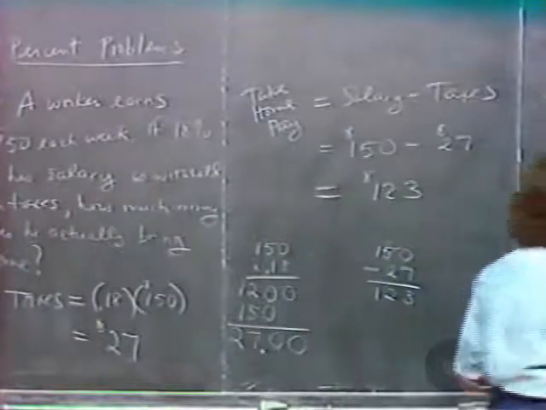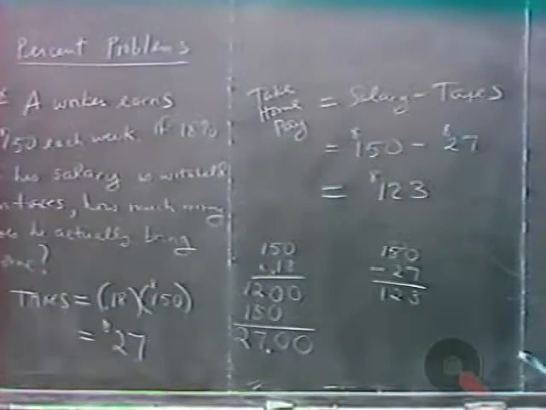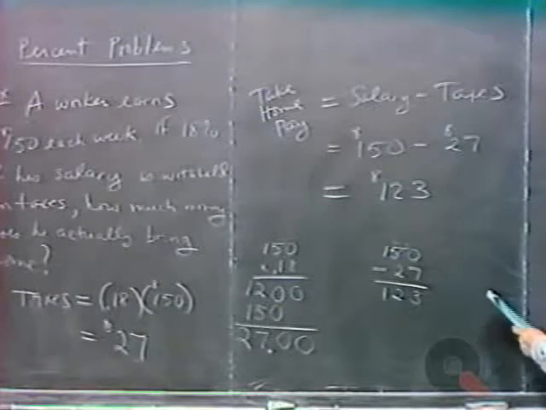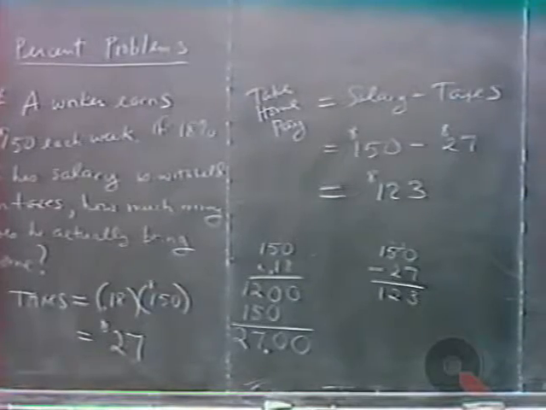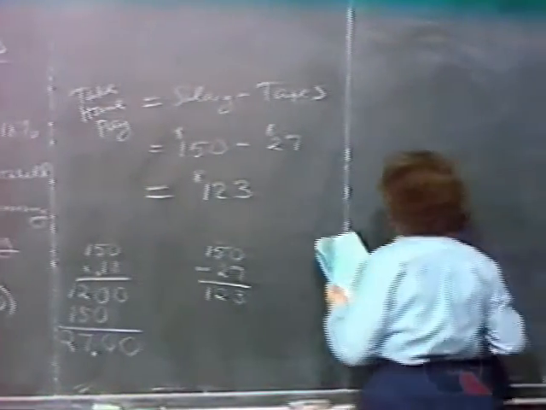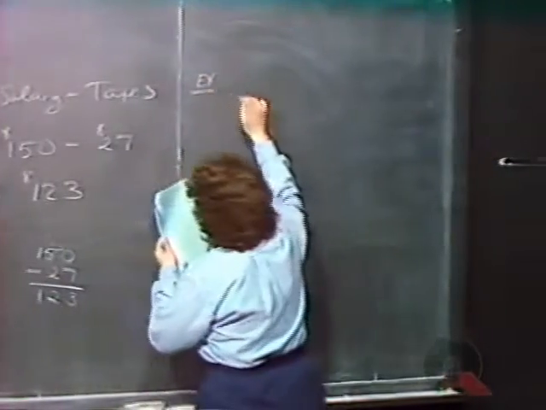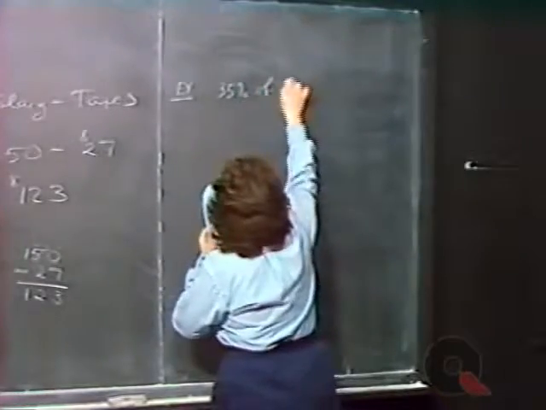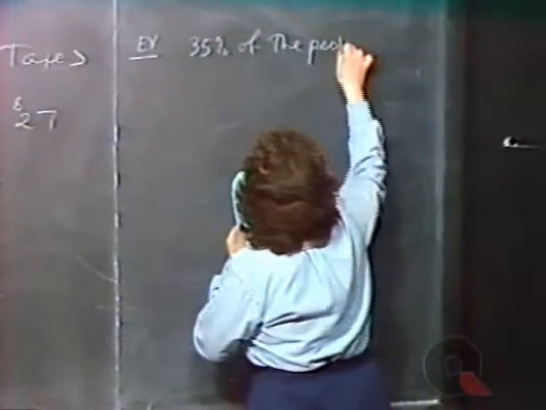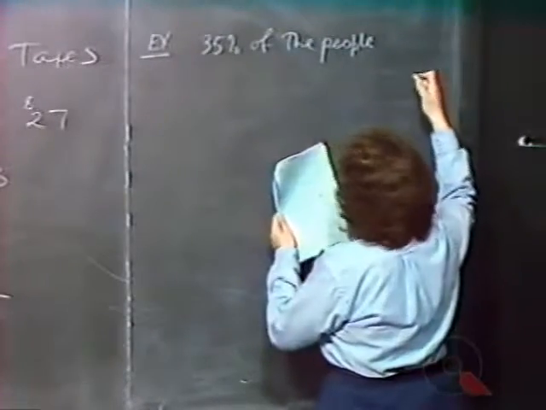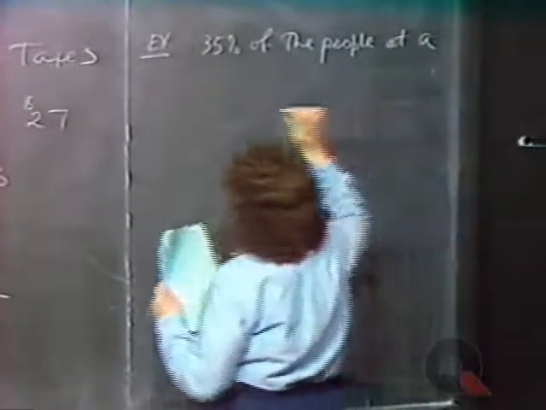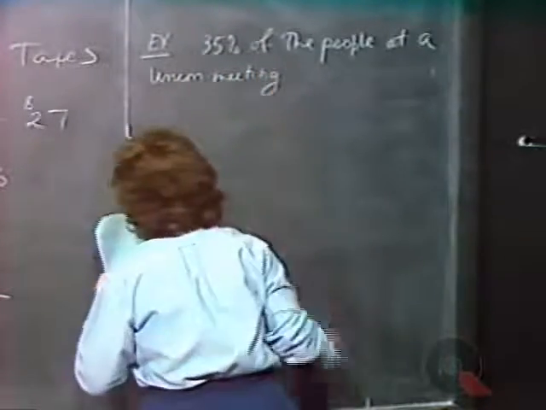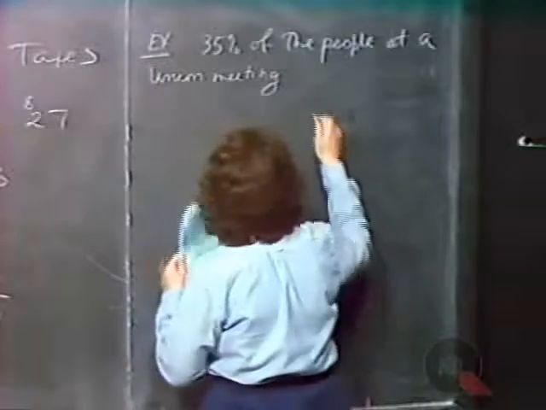For the last problem on this videotape, let's try this. 35% of the people at a union meeting voted in favor of a proposal.